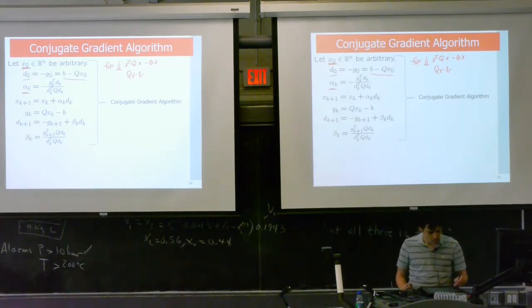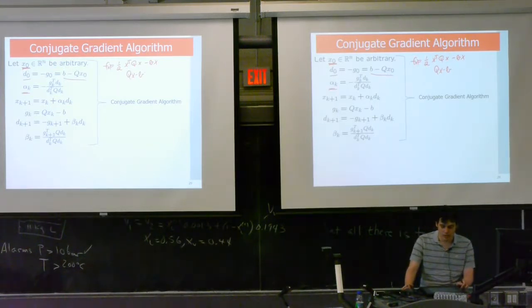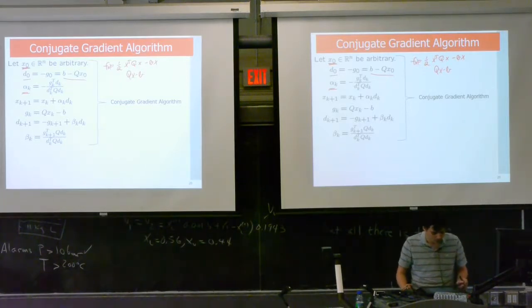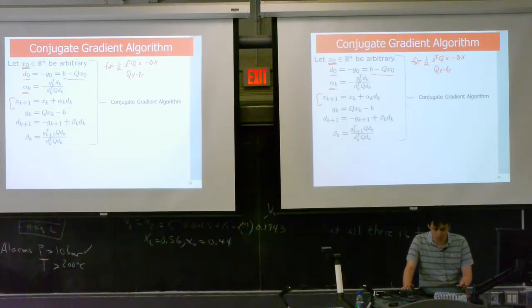For alpha k, we will use the same rule that we had before. And for the new point, we will also use the same update rule that we had before. That is, from xk, we move to xk plus alpha k dk. For the gradient, we will have this notation that gk is the gradient. And now this is the new step.